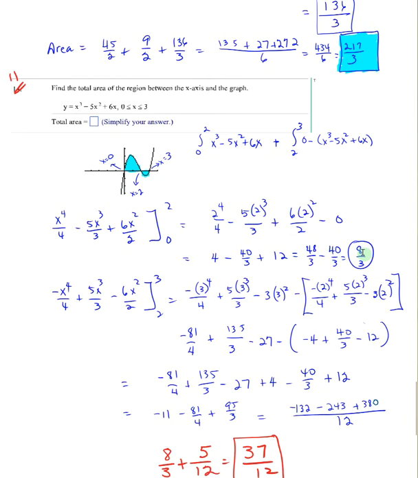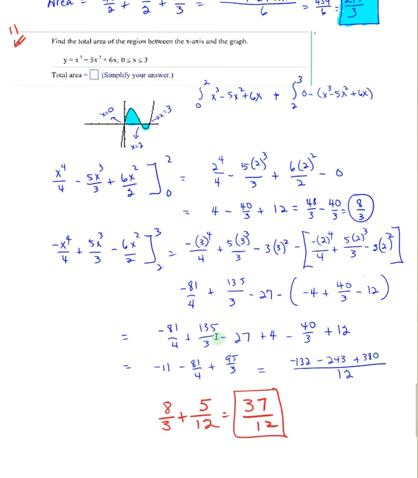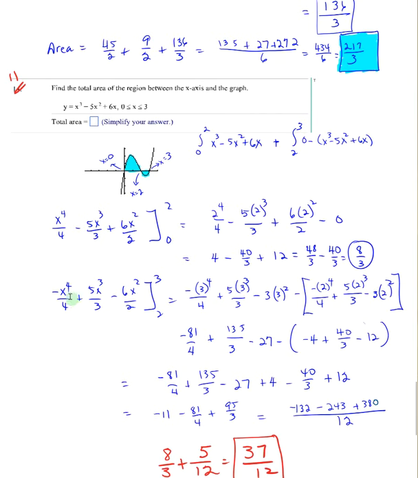That's the first one. The second one, this became negative, that became positive, that became negative. You're still integrating, but you are integrating from 2 to 3. So you plug in 3, then subtract what you get when plugging in 2.